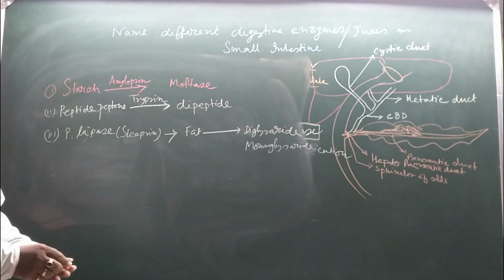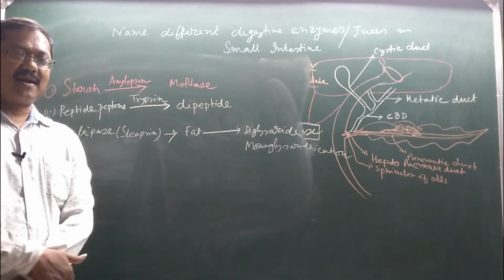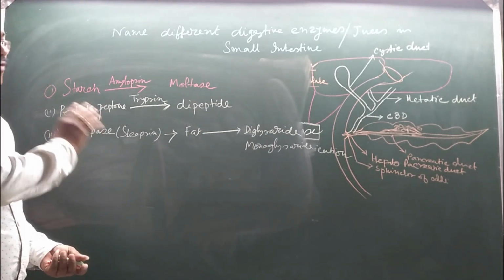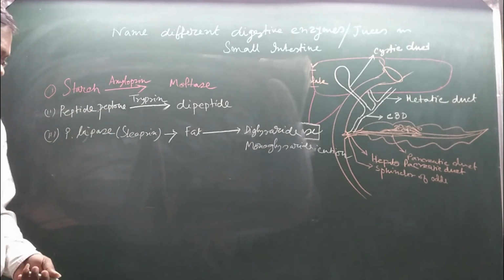Diglyceride and monoglyceride are formed by the action of pancreatic lipase. These are the main functions of the pancreatic juice.